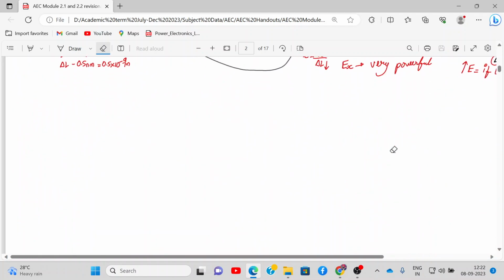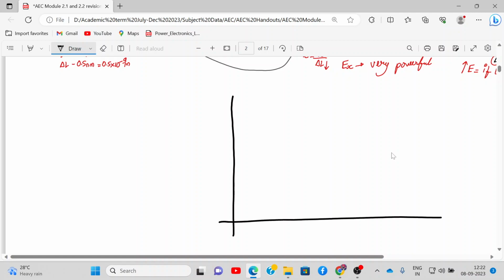Now I will be drawing, focusing only on the characteristics part. Okay, now listen carefully how to draw it. I am only showing the drawing part. I hope you have understood this. Now draw the characteristics in your books. This is VDS.